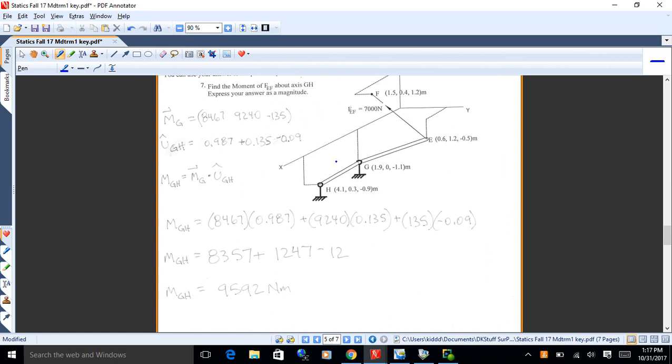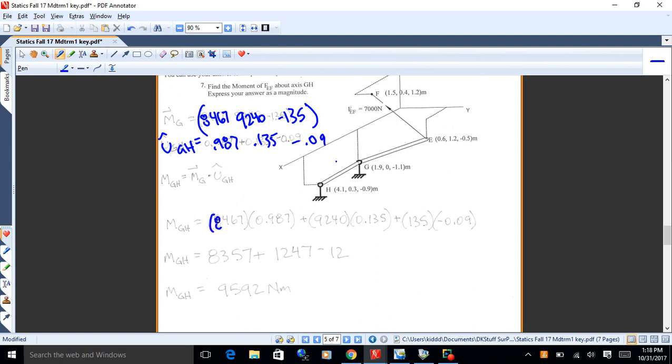Okay, the next one, you take your moment vector from the previous page. Now you might have had a bust on that. If so, I just looked and saw what you had for your moment vector. And then you dot that with UGH, okay? So that's 0.987, 0.135, and negative 0.09, I think. Just dot them together.